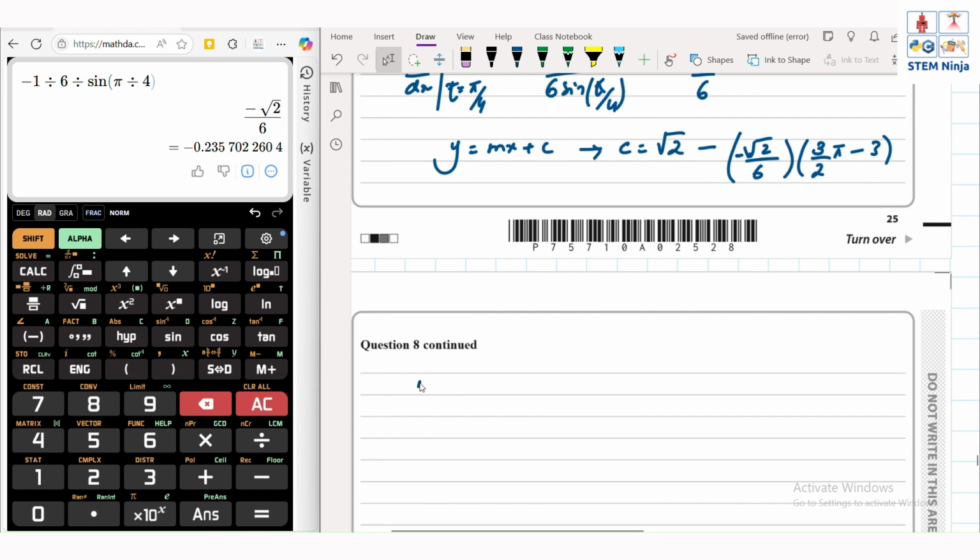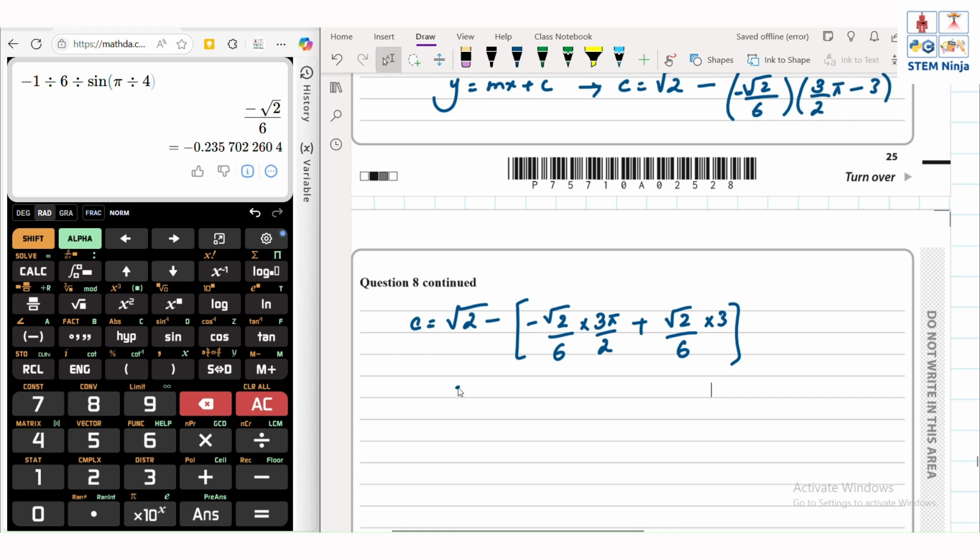Simplifying further, you have root 2 minus root 2 over 6 times 3 pi over 2, plus root 2 over 6 times 3.